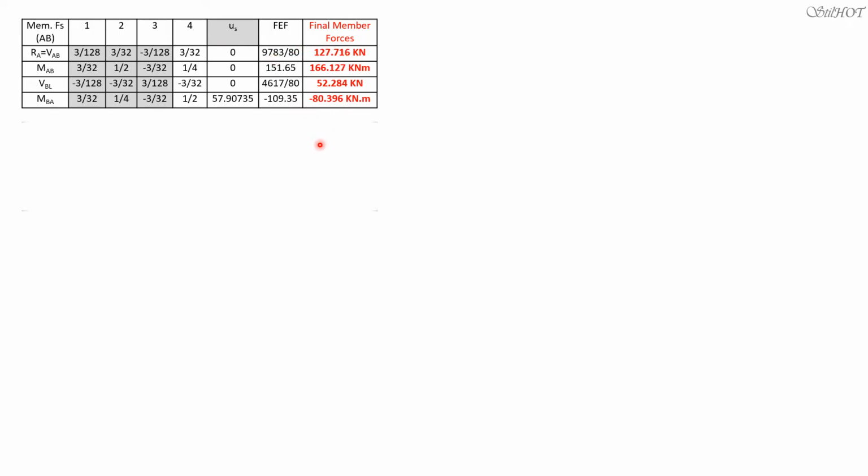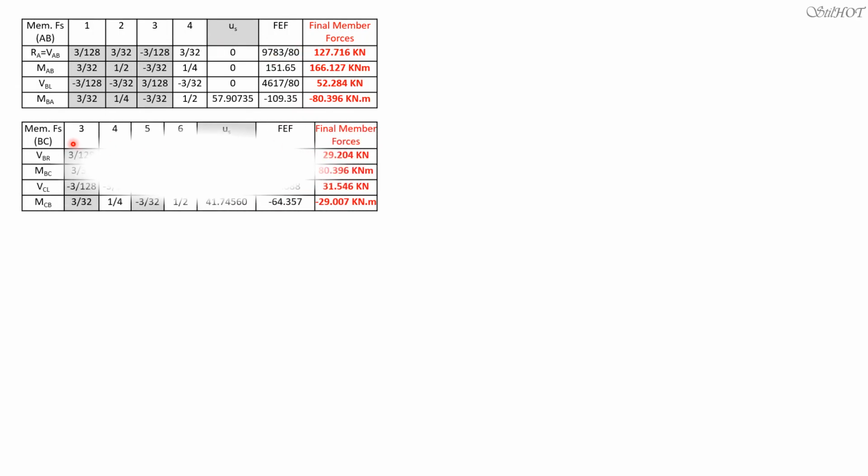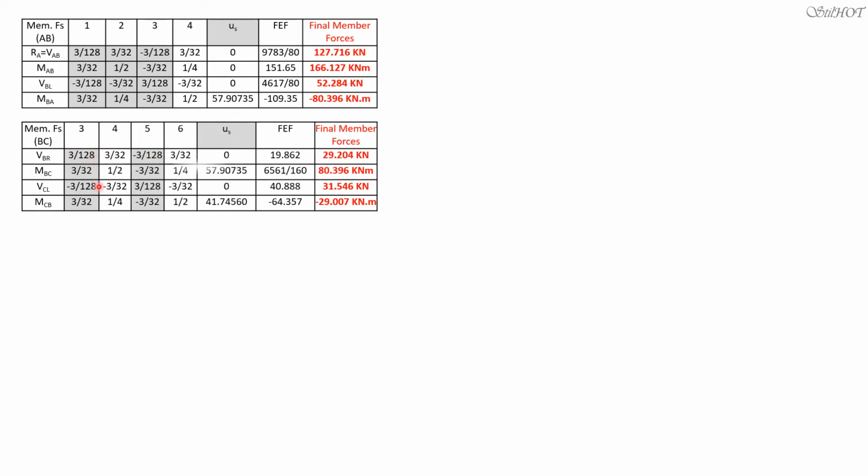So you just verify. Then member forces of BC, the stiffness 3, 4, 5, 6. Then only U4 and U6 are values here. That's why we shade 3 and 5. Columns 4 and 6 are active. And these are the corresponding fixed end forces. So I will not explain it anymore to shorten our time, because we already experienced how to compute that.